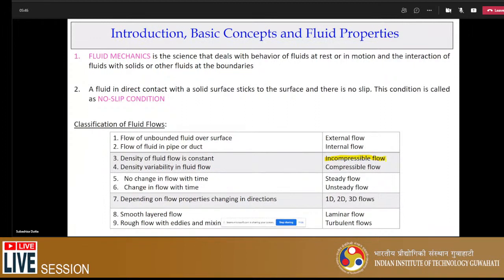In the same way, if I'm solving a fluid flow problem where the time component doesn't play a big role or doesn't control the flow, or I simplify the problem so that time dependency is not there, then I can say it's a steady flow. In the same way, we discussed in a very basic way the difference between laminar and turbulent flow.